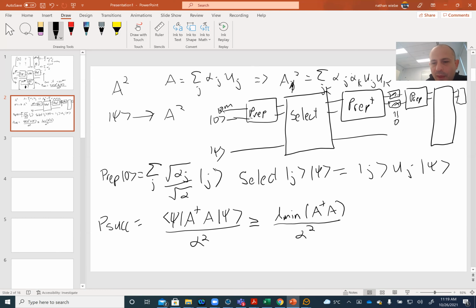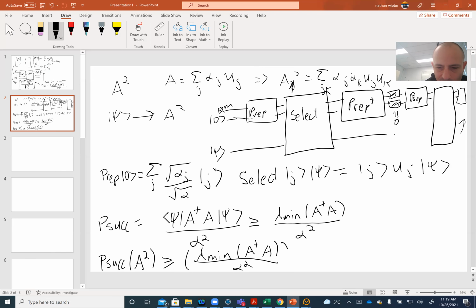And so therefore, this whole process has to succeed once here, and then again at the end. So the probability of applying A squared from this is therefore greater than or equal to lambda min of A dagger A divided by alpha squared, all squared.